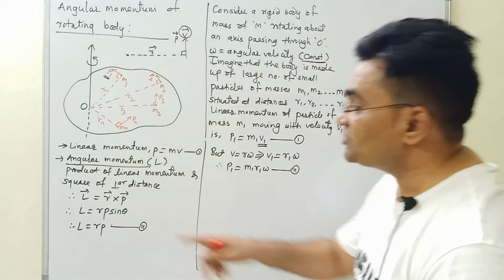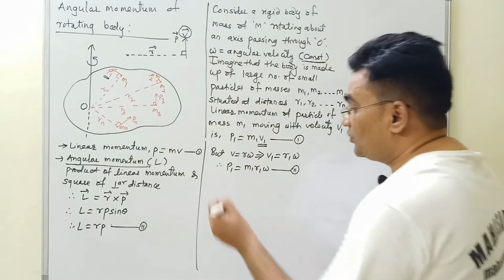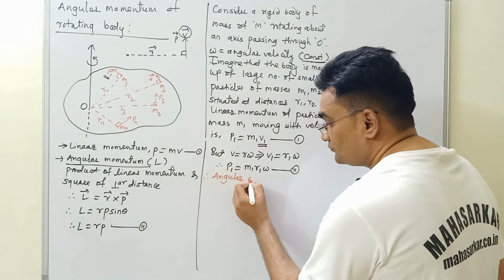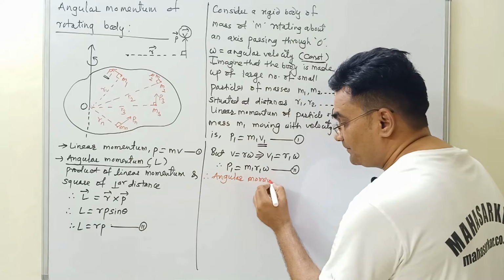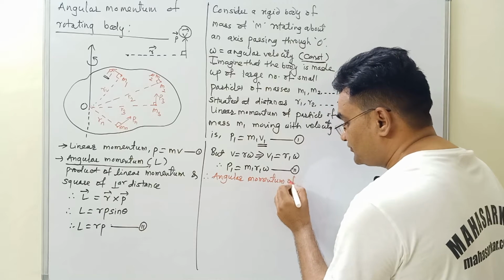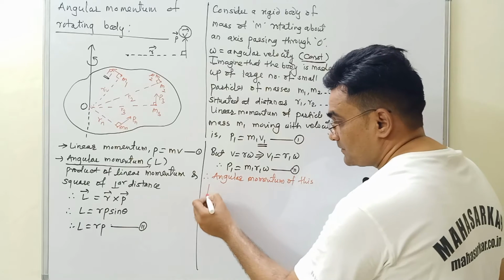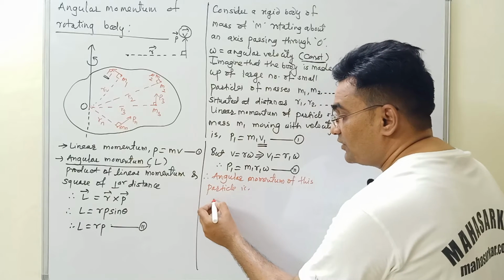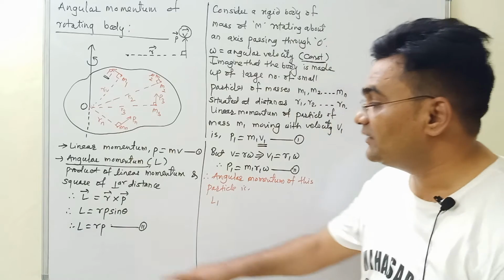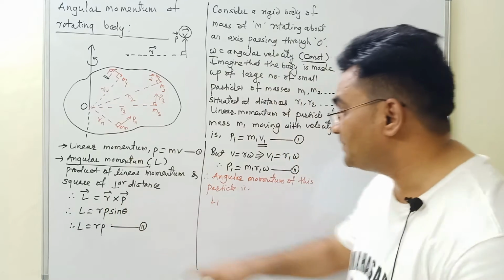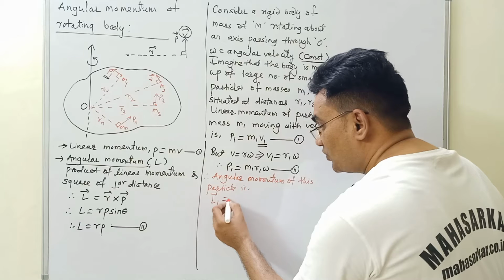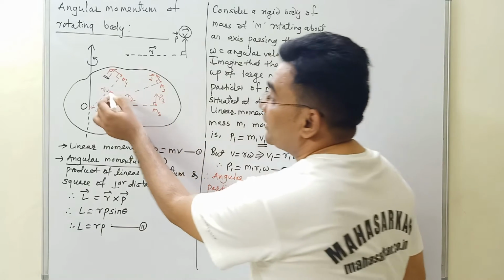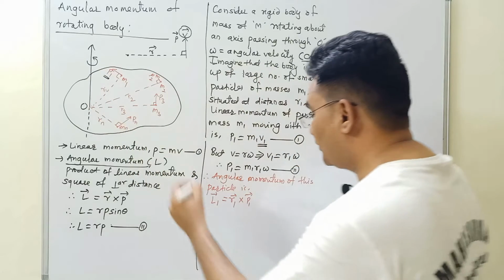Now we have the definition of angular momentum, so we are going to find the angular momentum of this particle according to the formula. It is vector L1 equal to r1 cross p1, but every time vector r1 and p1 will be perpendicular.